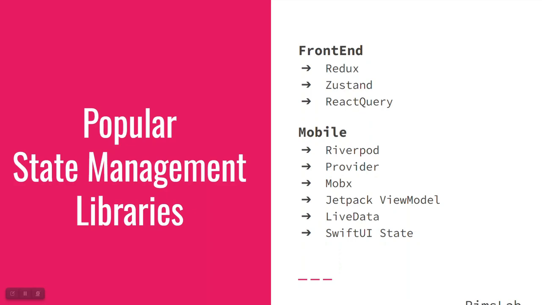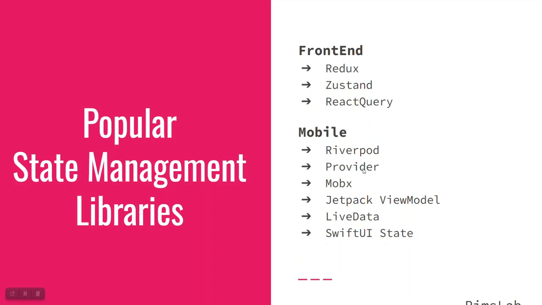My personal favorite is Zustand and React Query. Now, Zustand and React Query give you the ability to create both local state and server state management. Okay, so if you combine both React Query and Zustand, you can create any kind of application that you want to create. In mobile applications, we have Riverpod and Provider, which are very popular when you're working in Flutter.